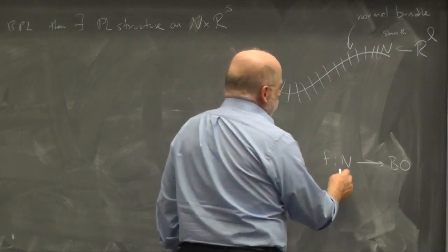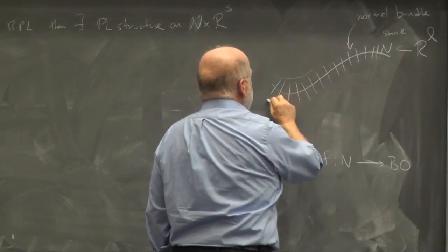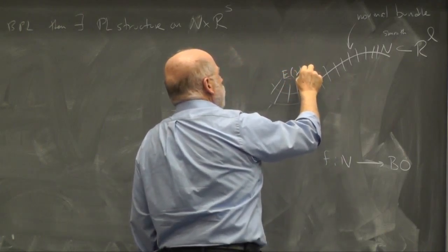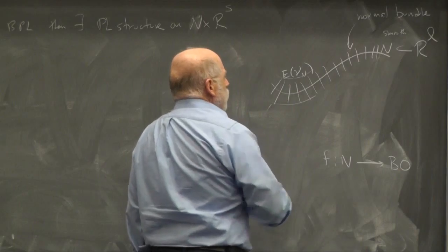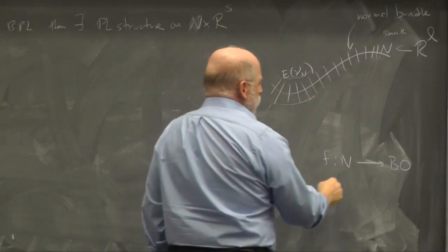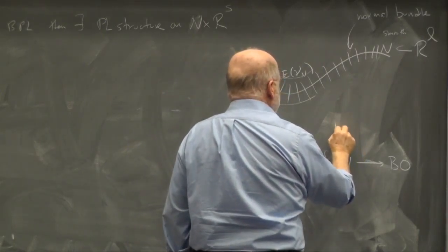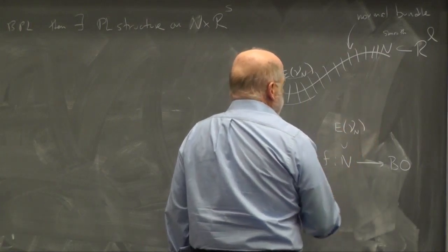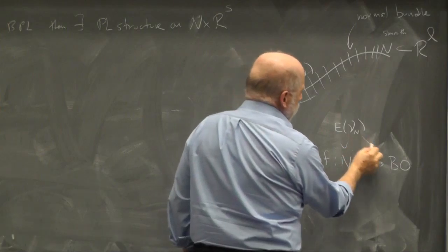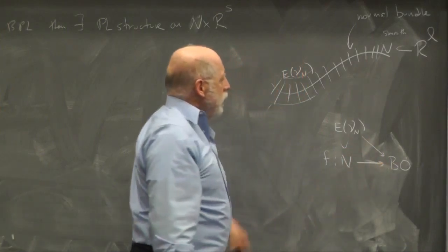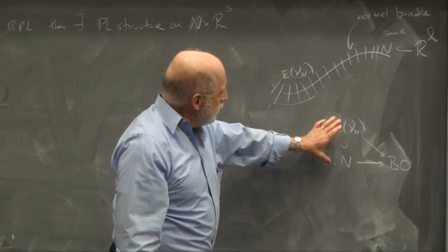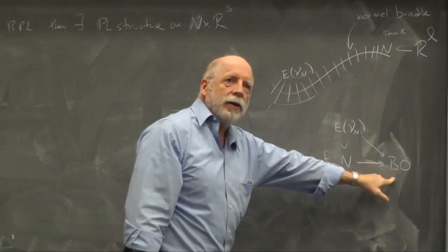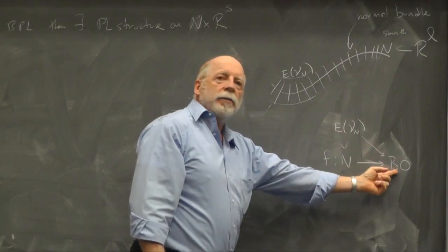And actually there's this normal bundle, so if you call E the total space of the normal bundle of N, you really have N sitting inside E. And that whole thing maps to BO, because this is just an inclusion. This projects down, it's a normal bundle, so it projects to N and then maps to BO. So you have a map from there to BO.